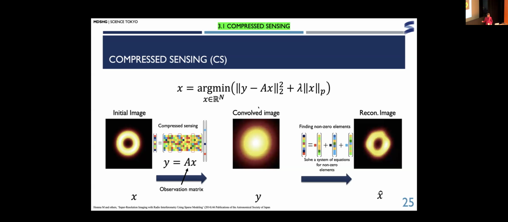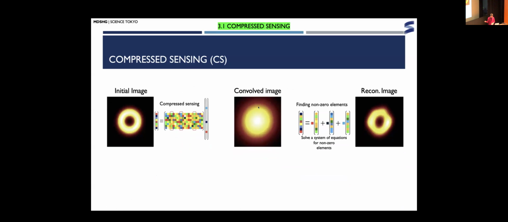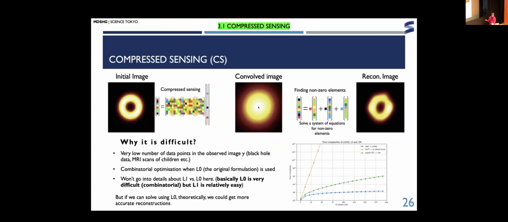To reconstruct it, what we need to know is where the non-zero elements in the initial vector are. If we know that, we can solve a system of equations and get a good reconstruction of the initial image. That's the motivation behind compressed sensing. And this is very difficult in the original L0 formulation.